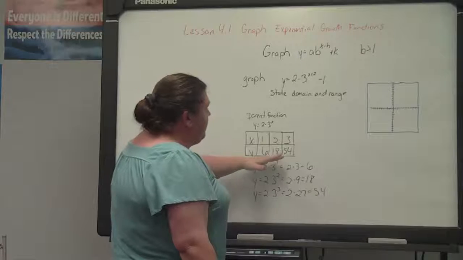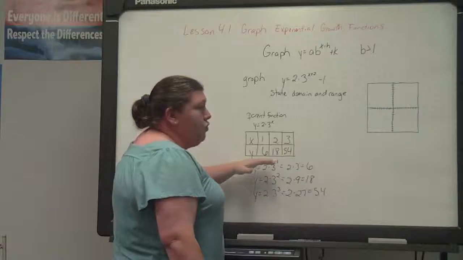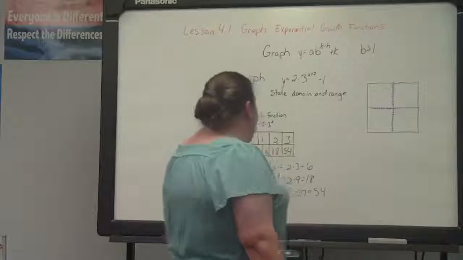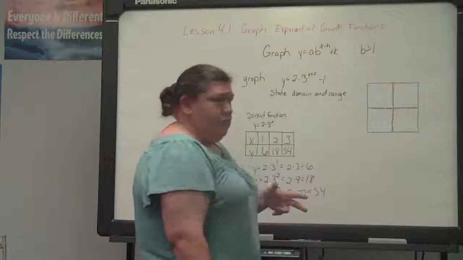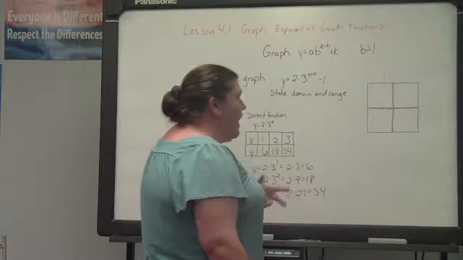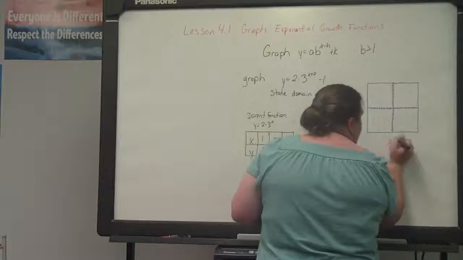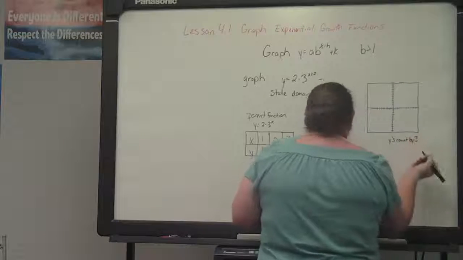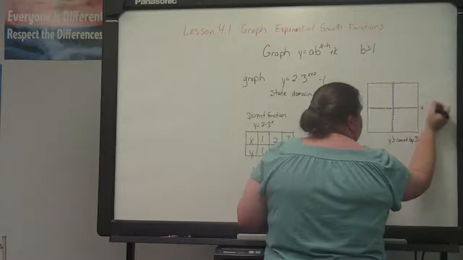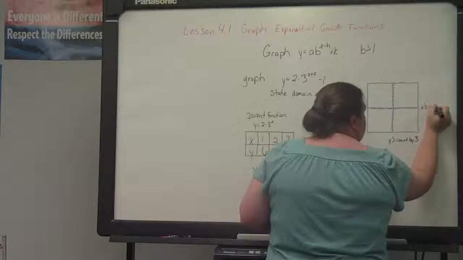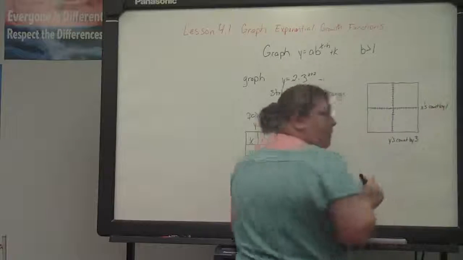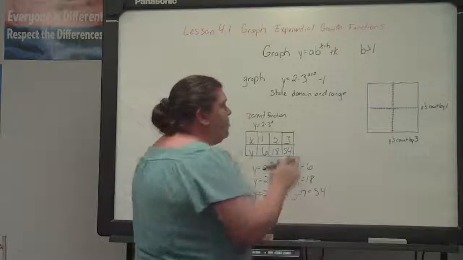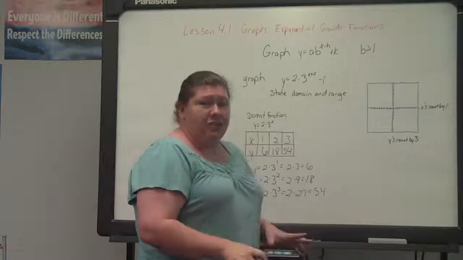This time, because my numbers are so great, they jump drastically, so I'm going to have my y's count by 3s, and my x's count by 1. That way, if anybody was to ever look at my work, they would be able to know why my graph looks like it does.